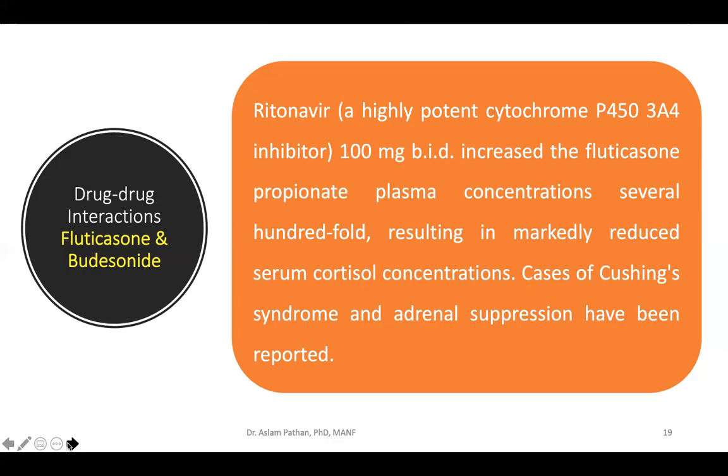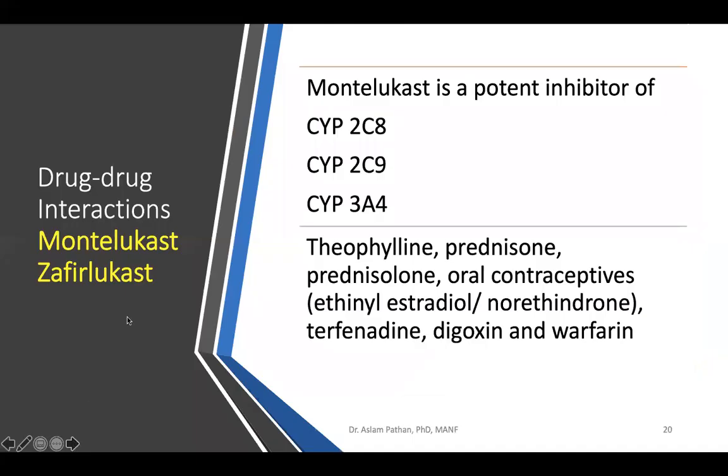Drug-drug interactions of montelukast and zafirlukast, which are leukotriene receptor antagonists. Montelukast is a potent inhibitor of cytochrome 2C8, cytochrome 2C9, and cytochrome 3A4 enzymes.